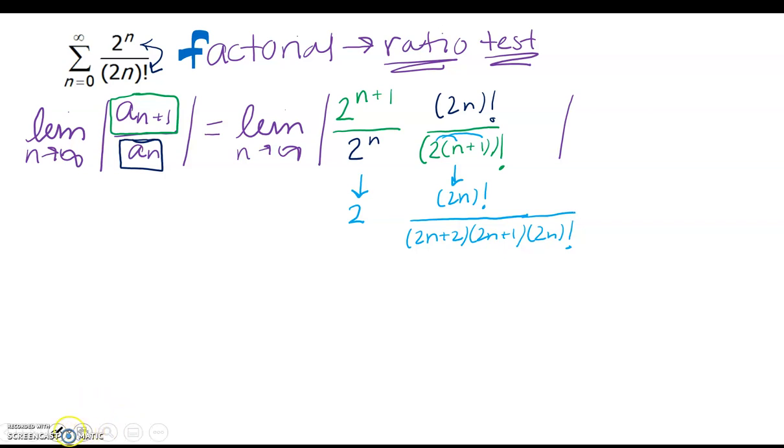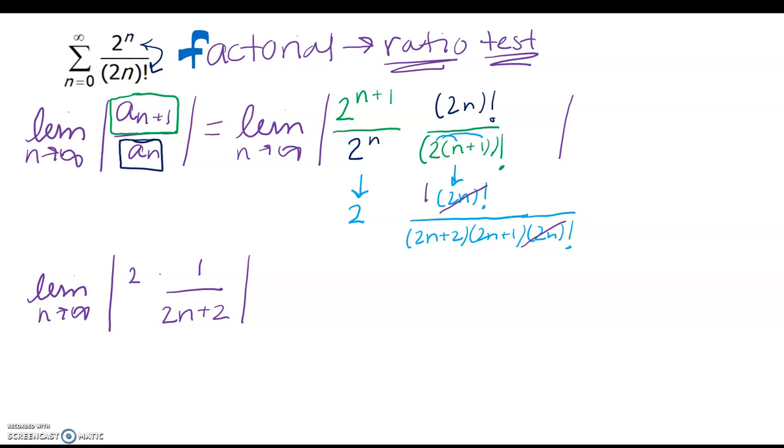Why we want to do that is because then we notice things cancel out. So the limit that we're actually finding is a little bit easier. It's 2 times 1 over 2n plus 2.